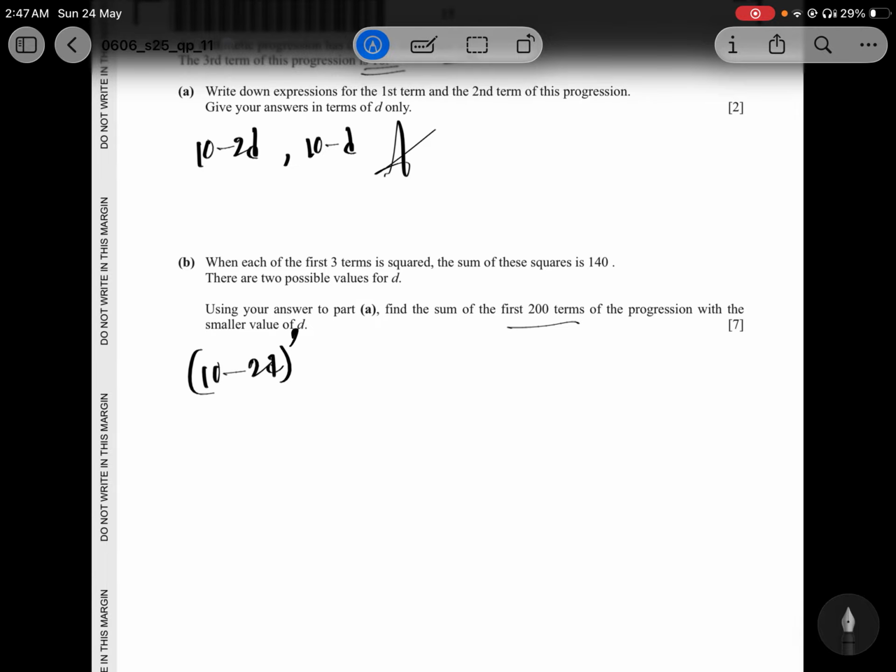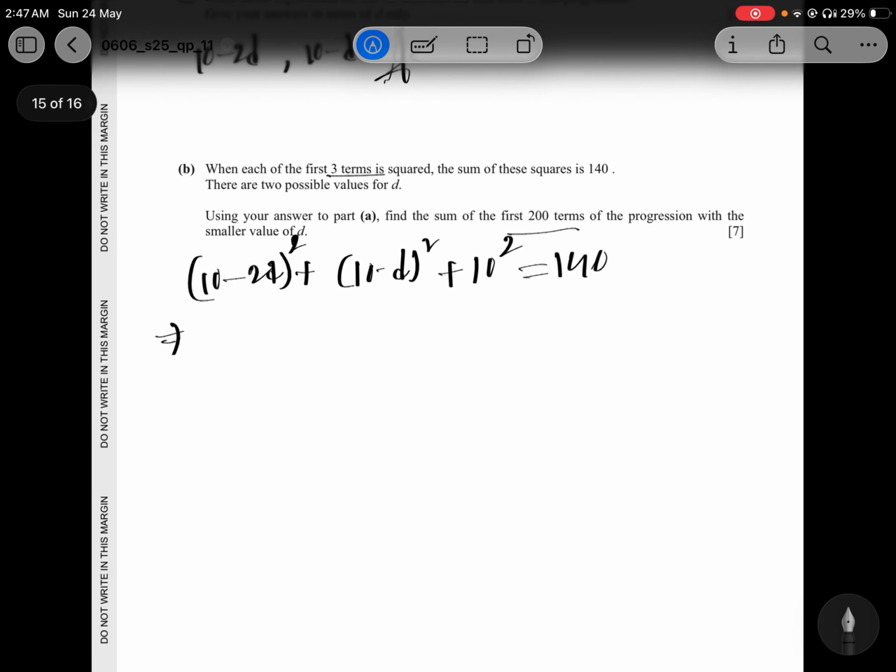10 minus 2d whole square plus 10 minus d whole square plus 10 square is equal to 140. So 100 minus 40d plus 4d square.